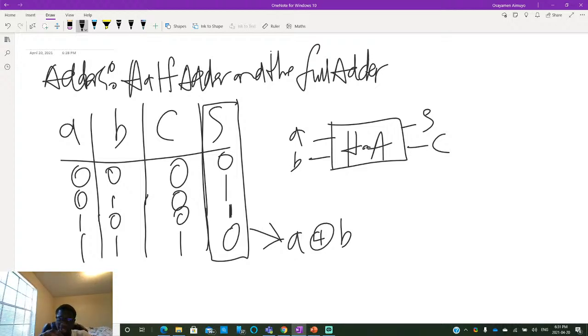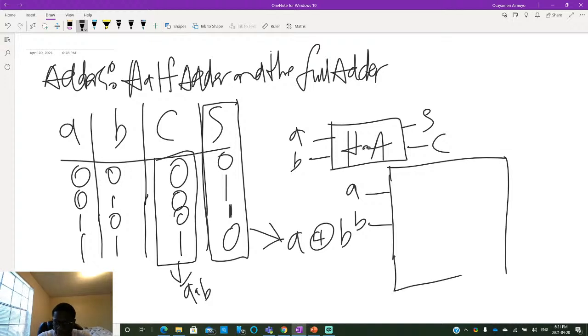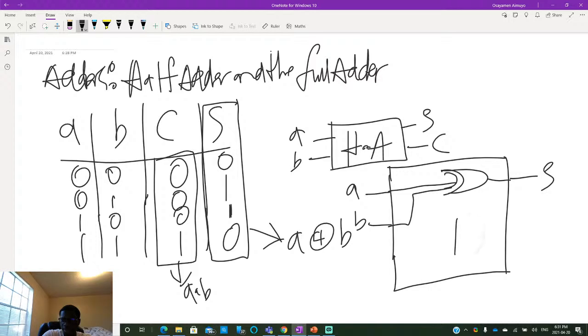And now notice that the carry is basically just A and B. So this column here is basically A and B. So within this block of abstraction that we have here, you have something like this. I'm just going to make it much bigger so you guys can see. S, and then you have this XOR A, B. That's the sum. Then you have an AND gate, which is the carry.